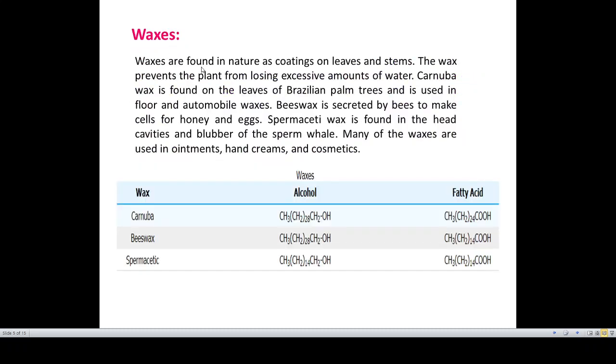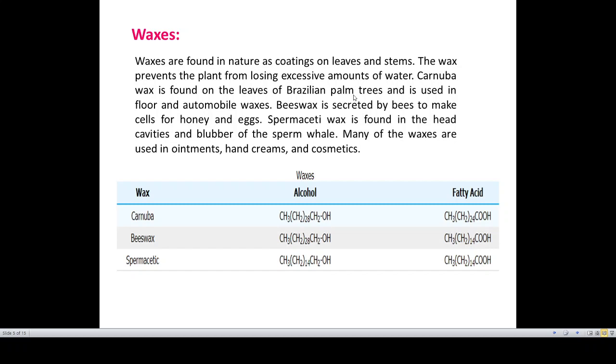Coming to the occurrence, these waxes are generally found as a coating on leaves and stems, and because of the wax coating, it prevents excessive loss of water. The classical example of a plant wax is carnauba wax, which is found on the leaves of the Brazilian palm tree.